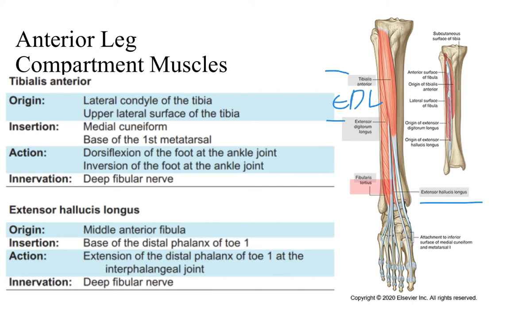All right, so starting with the Tibialis anterior, notice its origin is on the tibia, and its insertion is the base of the first metatarsal and the medial cuneiform, so on the medial aspect of the foot.